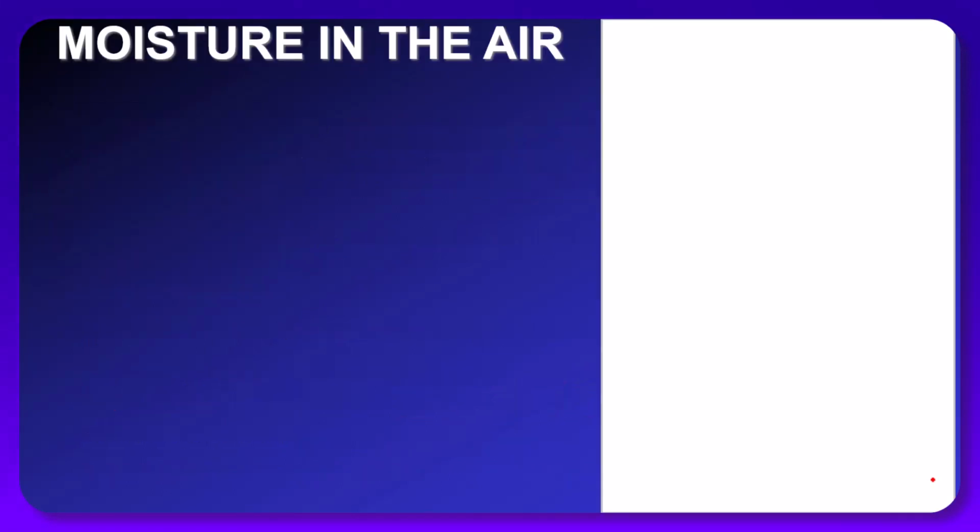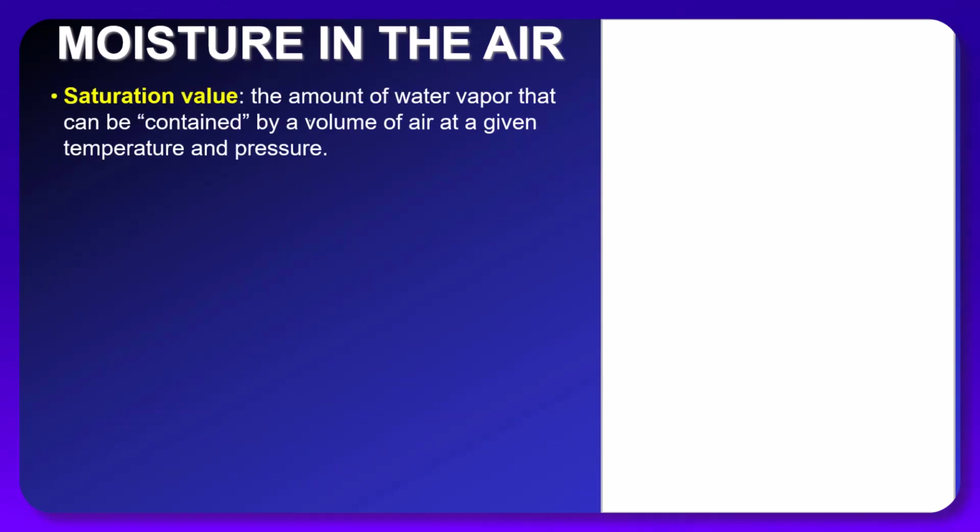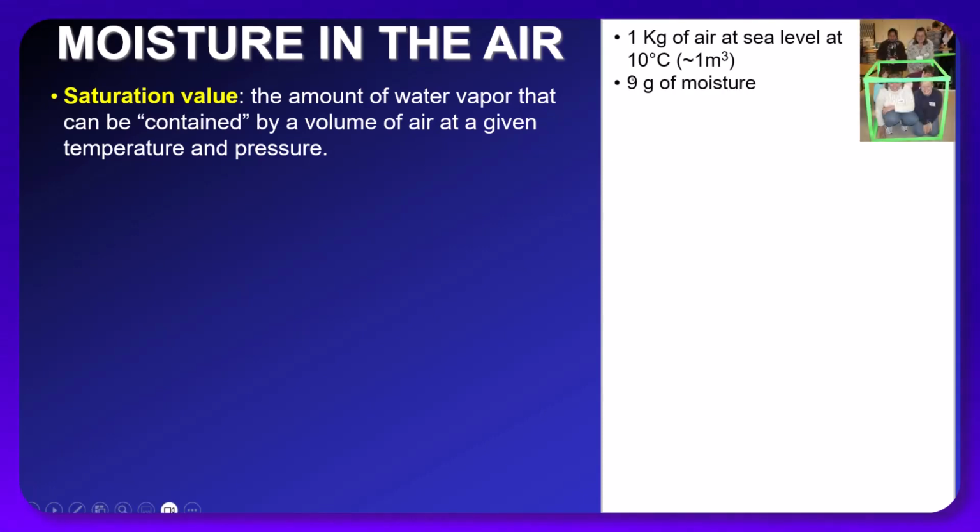So let's focus on moisture in the air. The maximum amount of moisture that can exist in an air parcel at a given temperature and pressure is called the saturation value of that air parcel. For example, 1 kilogram of air at sea level at a temperature of 10 degrees Celsius can contain a maximum of 9 grams of moisture.